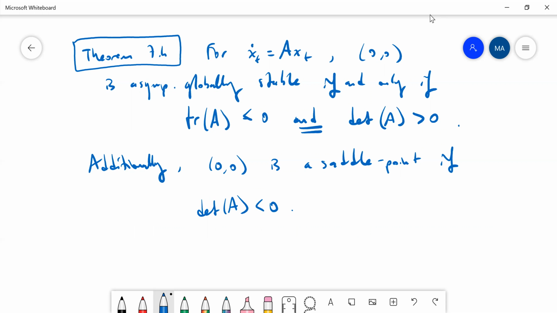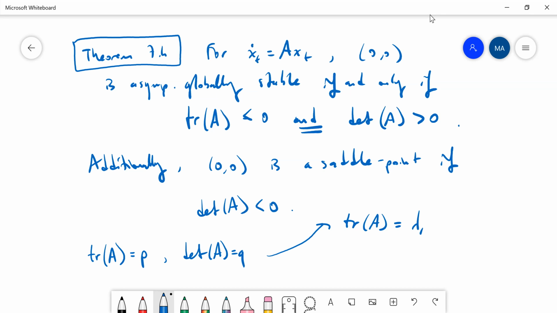Now, finally, remember that trace is P and determinant is Q. Now, we also have this for the 2x2 systems. Trace is going to be the summation of the eigenvalues. Determinant is going to be the product of eigenvalues. Okay? So this is a highly important shortcut. Why?